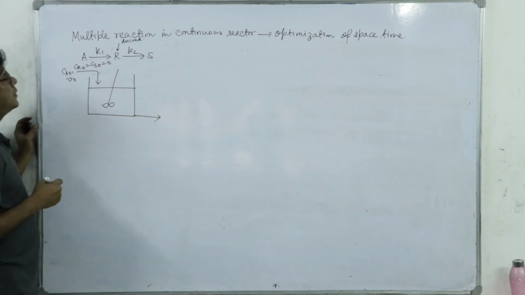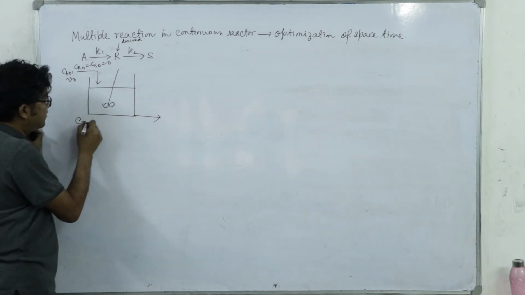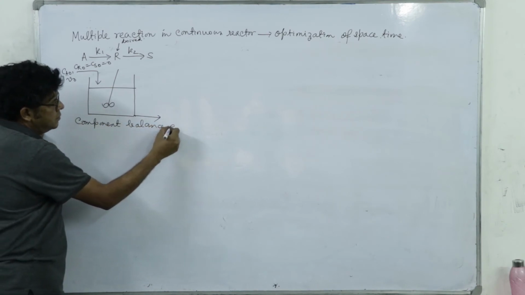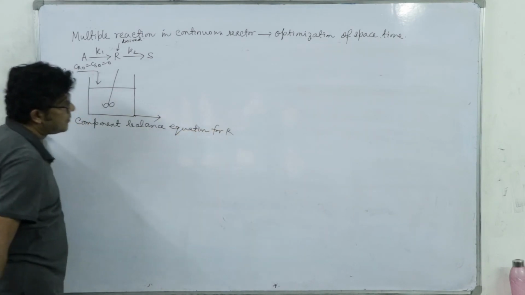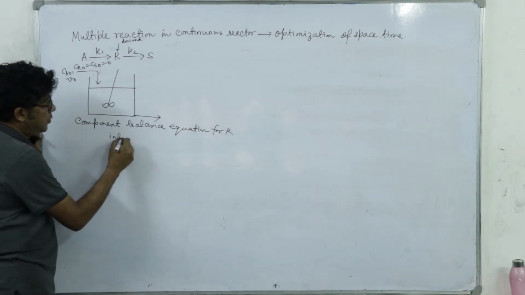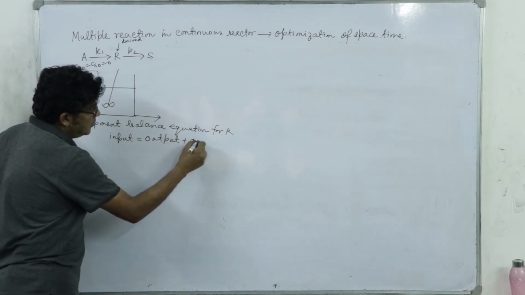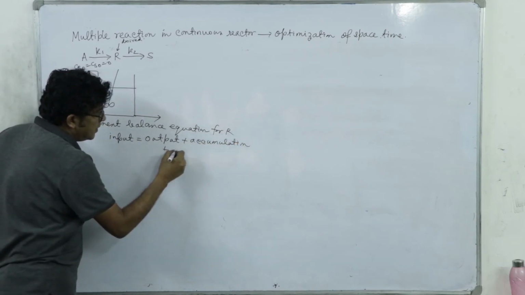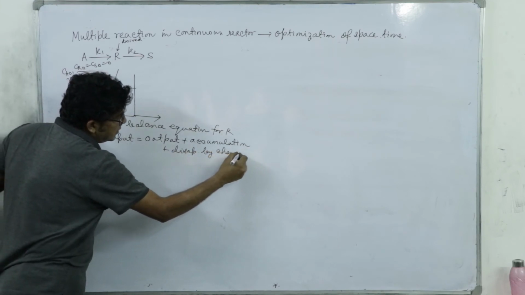So if I write the component balance equation for R, what will I get? Input equal to output plus accumulation plus disappearance by chemical reaction.